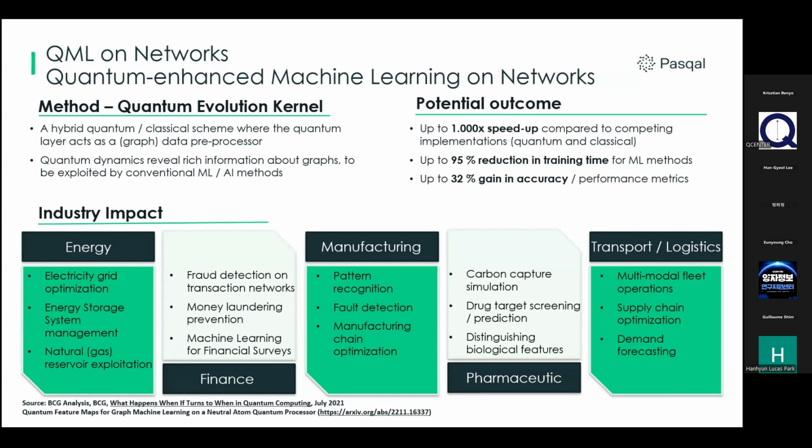When you draw molecules, you are drawing a graph structure in a sense, as well as in transportation and logistics, you are dealing with network-based data sets all the time.